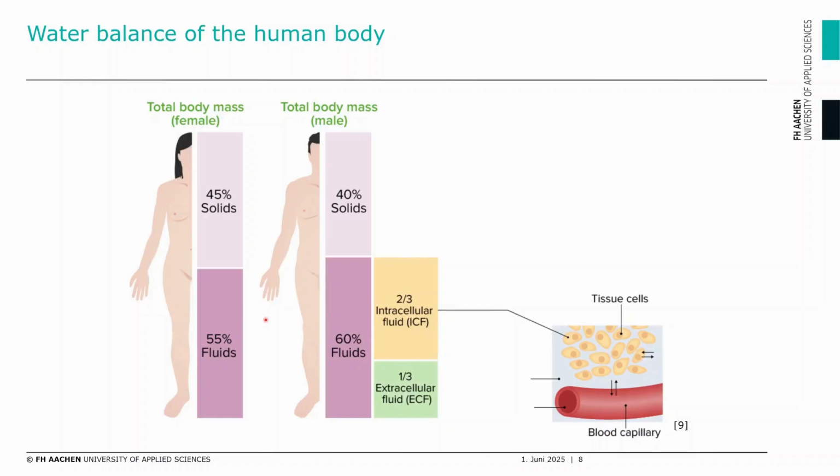If we take a closer look at extracellular water, 80% of this water is accounted for by interstitial water and 20% by blood plasma. This is influenced by physical activities such as sweating and extraction of water via the stool and urine. The human body must therefore absorb its water requirement of 2 to 2.5 liters per day through drinking, food, and oxidation water.